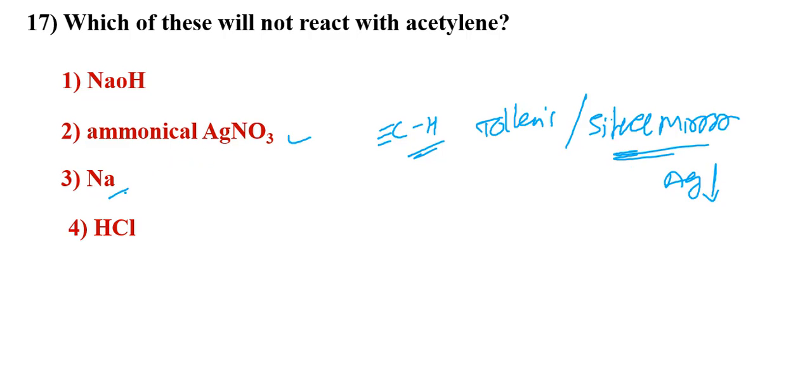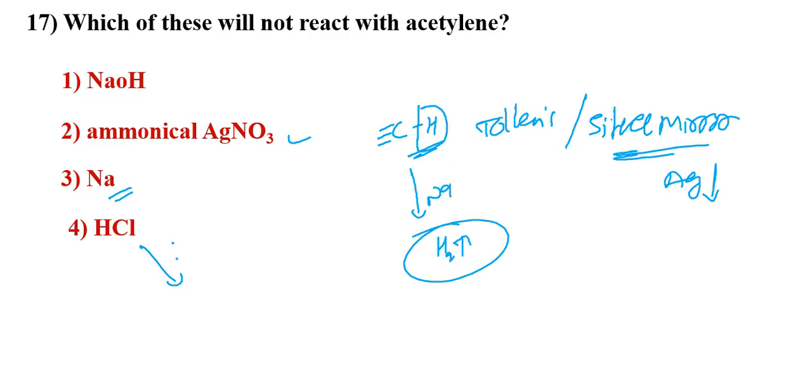Then sodium. Sodium is a metal. This metal reacts with active hydrogen and produces hydrogen gas. Even sodium reacts with HCl producing hydrogen gas like that. Here also producing hydrogen gas. HCl is just like water. An addition reaction takes place.